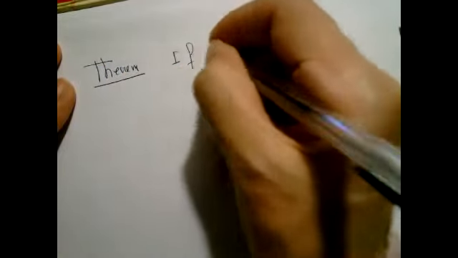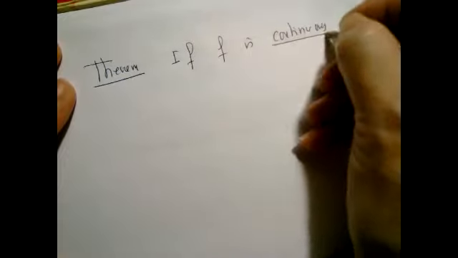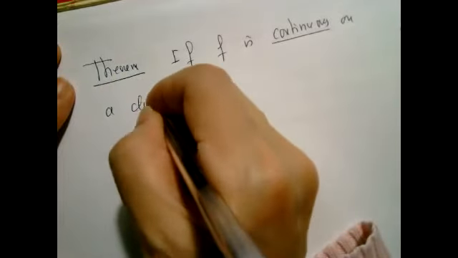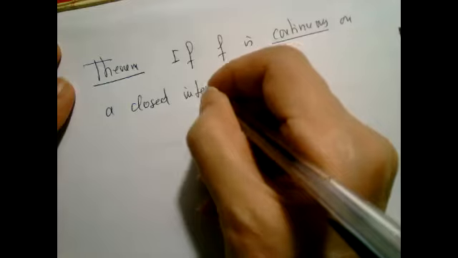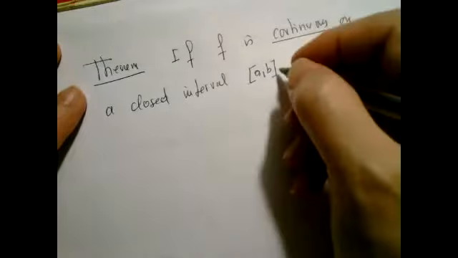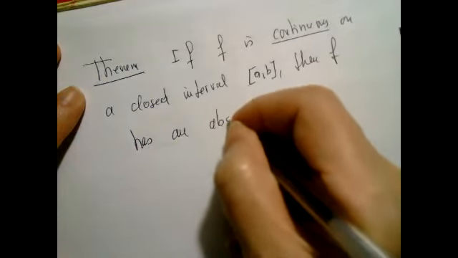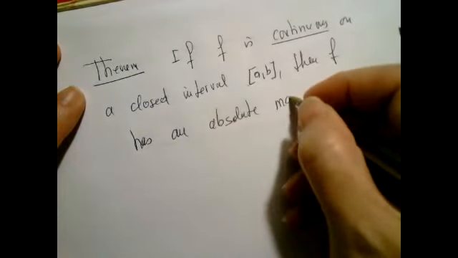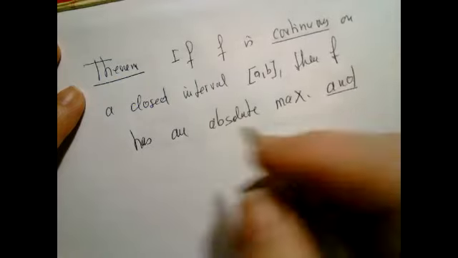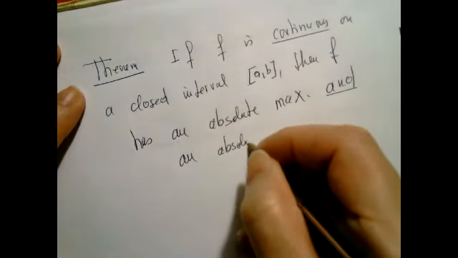So that's a theorem: if f is continuous, meaning there is no jump in the graph, and on a closed interval [a, b], so there are a lot of restrictions, the interval has to be closed, then f has an absolute max, not local, I'm talking about absolute, and an absolute minimum.